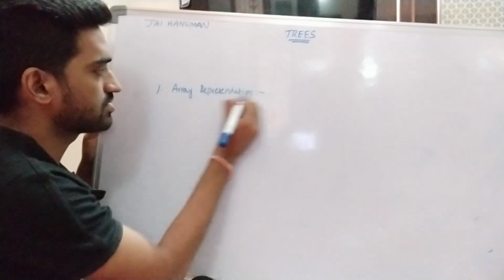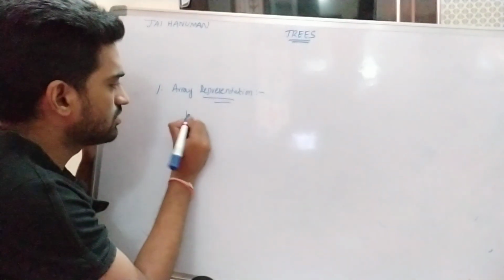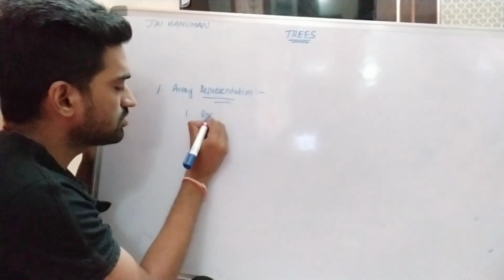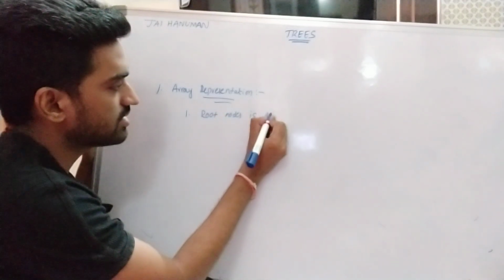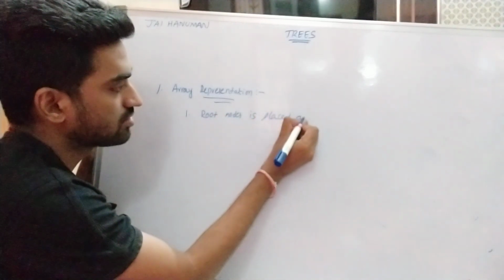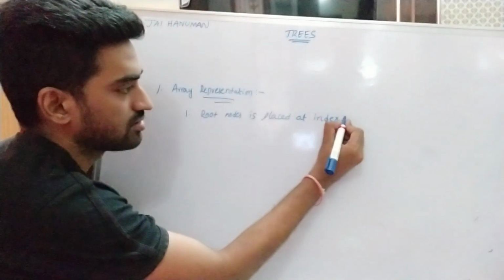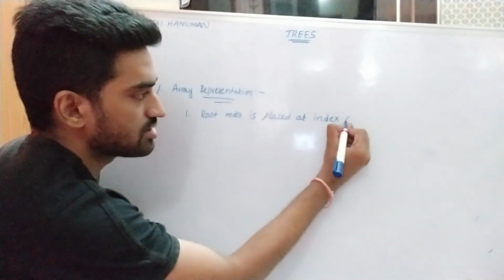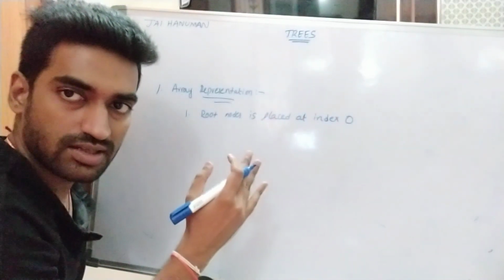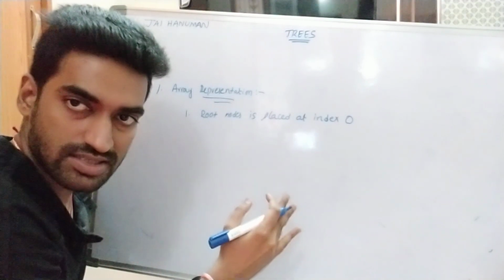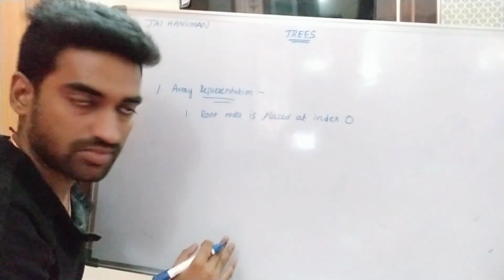In this representation, the root node is placed at index 0, because our index always starts from 0. So at index 0, we place the root node of the binary tree.